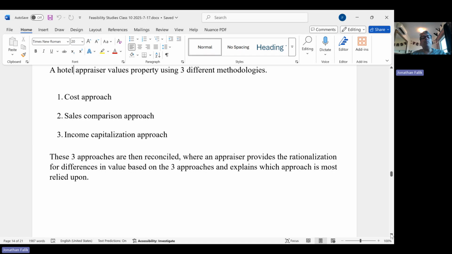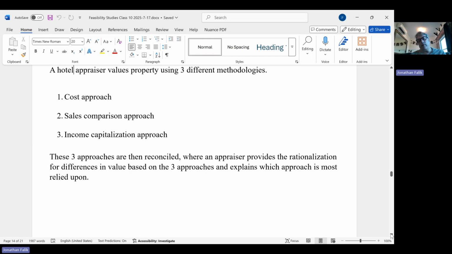You would have to come up with a list of who the sales are, like what properties sold that are comparable. And in some cases, you would have to make certain assumptions about, were they sold subject to any financing in place? Were they sold and they needed a lot of capital improvements? Were they sold and they were subject to management agreements or franchise agreements?